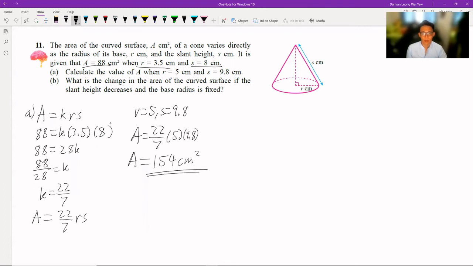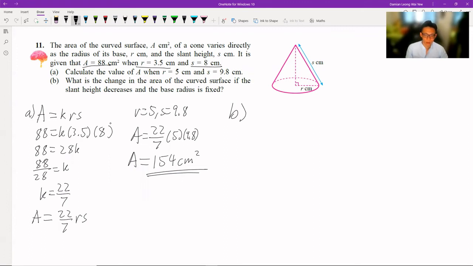Okay, that's part A. Part B: what is the change in the area of the curved surface if the slant height decreases and the base radius is fixed? So it varies directly. It varies directly for your area compared to your slant height. If the radius doesn't change, we take it as a constant.